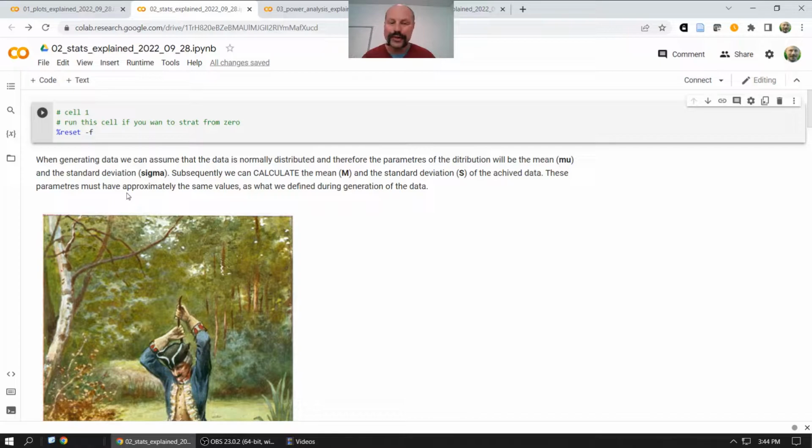What is mean and what is standard deviation will be clear a bit later. Then you take the data, you use very basic formulas, and you estimate the mean of the data and the standard deviation of the data. And you can compare what you obtain with what you ask.